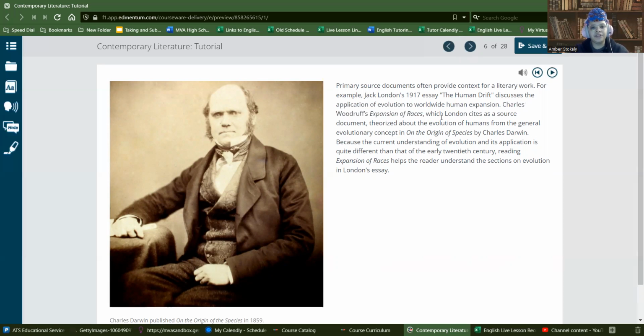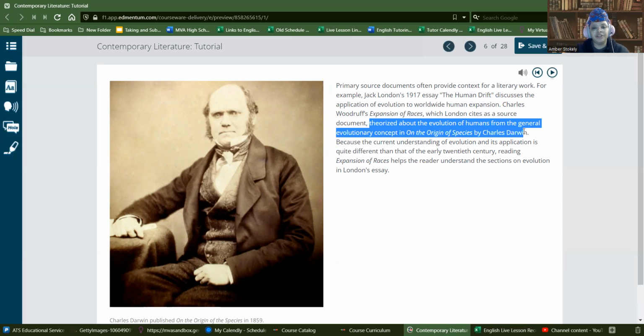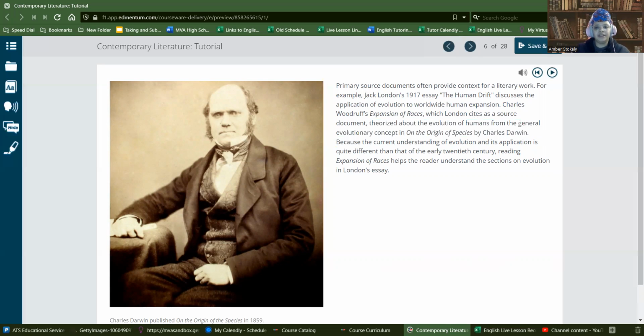And the reason why he uses this is because this book theorizes about the evolution of humans from the general evolution concept in the Origin of Species by Charles Darwin. So basically, Charles Darwin wrote about how humans evolved.